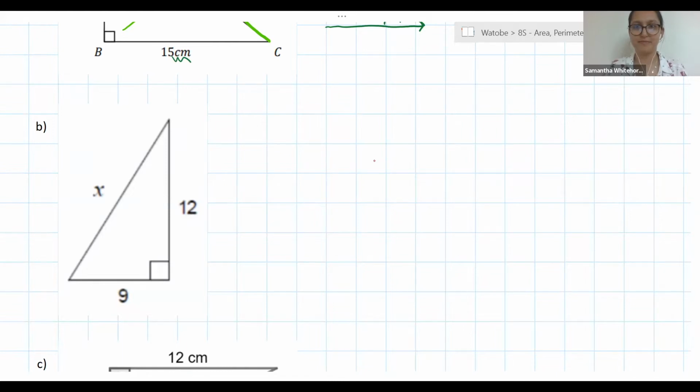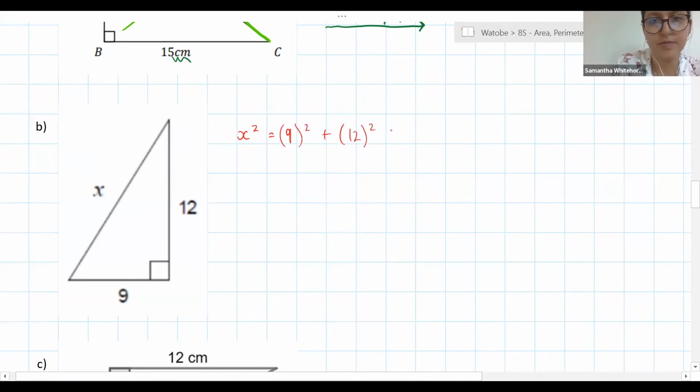So then my equation will be x squared is equal to 9 squared plus 12 squared. Good. 9 squared plus 12 squared equals to 225. Perfect. Then you square root both of them. Good. And then the final answer will be x equals to 15.